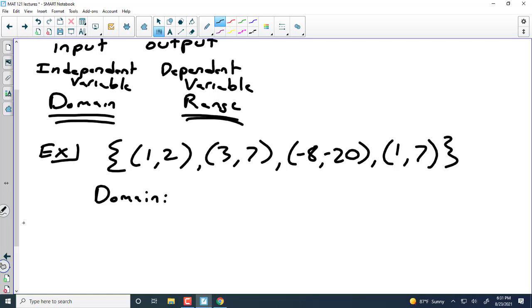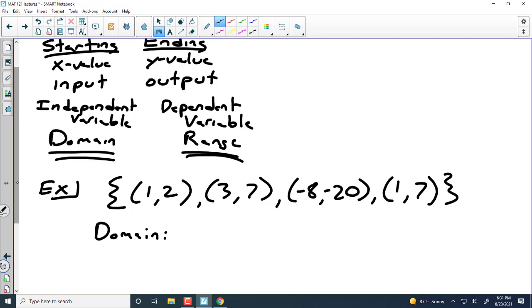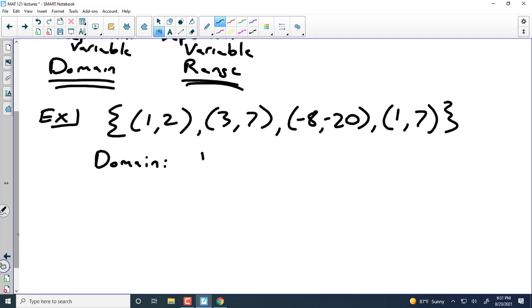So since you were all awesome and came to class today, thank you for coming, you know that domain is asking for the x values, the input, the starting numbers. And so you write them down. And it marks you wrong. You're like, what gives? And it turns out when you're getting a domain, you don't want to repeat values if they get repeated. So we don't want to actually use this other one because we already wrote one.